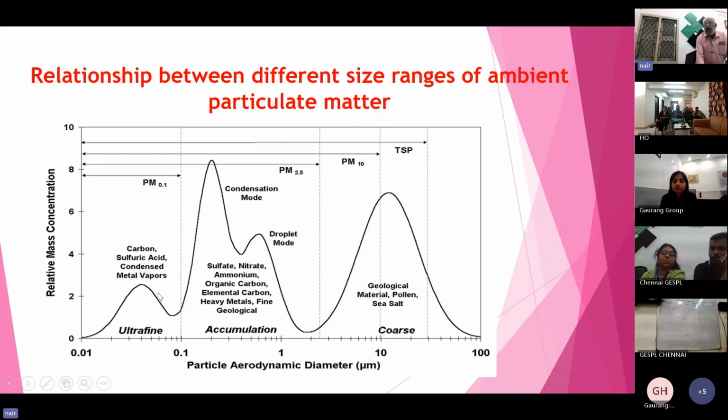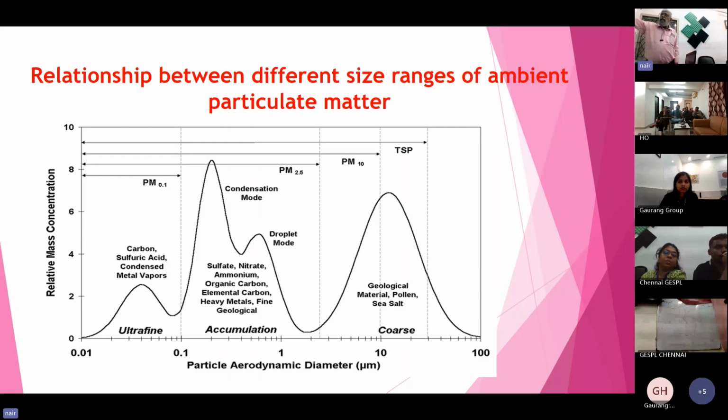In PM 0.1, the carbon, sulfuric acid, condensed metal vapors, etc. will come. In 2.5, condensation mode and droplet mode, you can see sulfate, nitrate, ammonium, organic carbon, elemental carbon, heavy metal, fine geological material, but these are the accumulated ones. Then comes the geological material, pollen, sea salt, etc. in PM10.